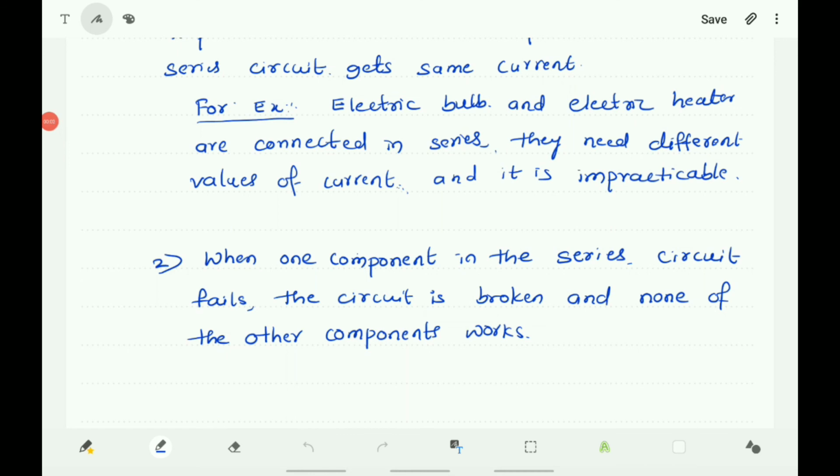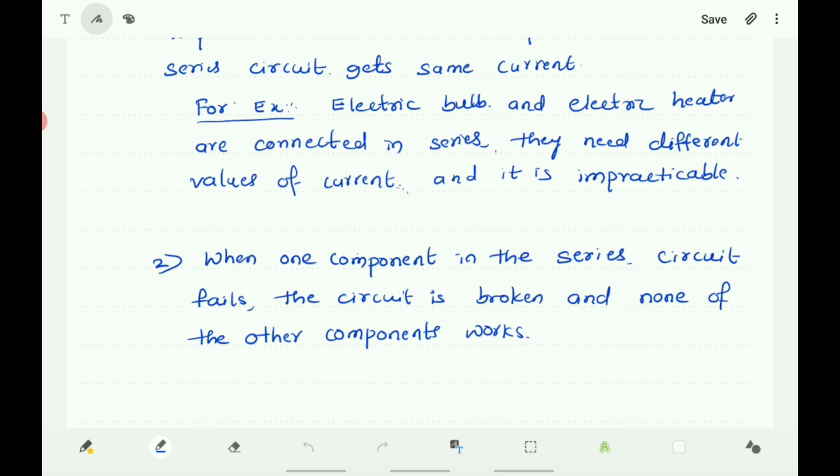We know that an electric bulb needs a small amount of electric current to glow, but an electric heater needs more electric current to heat the coil. So, is it possible to have the required amount of electric current when this constant current flows through the circuit in the series connection?